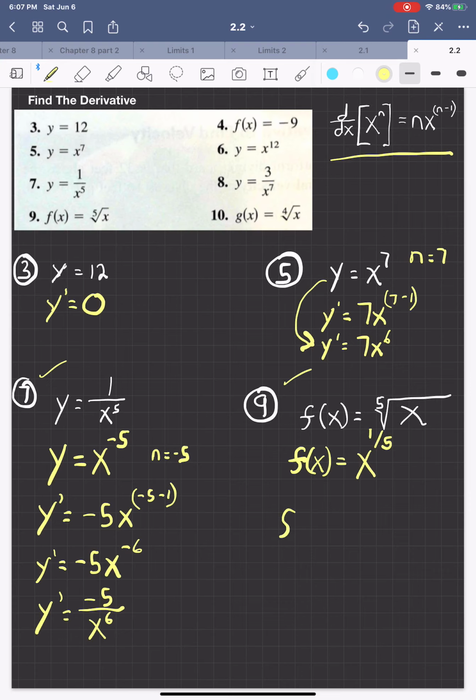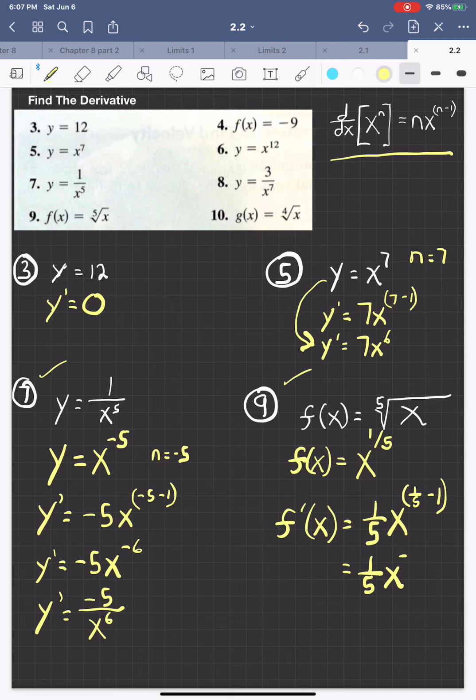So again, the derivative, f prime of x, would be 1/5, n being 1/5, x to the power of 1/5 minus 1. All right, so let's finish this. That's 1/5 x to the power of, well, if you have 20 cents and you take away $1, you now have negative 80 cents, right?